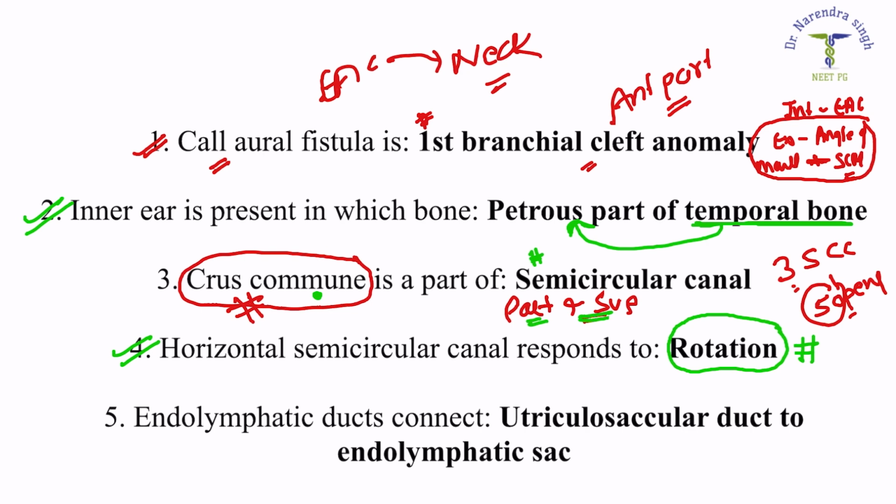Question number 5 says that endolymphatic duct connects. The endolymphatic duct connects the utriculosaccular duct to the endolymphatic sac.